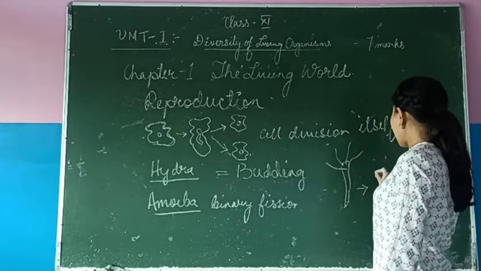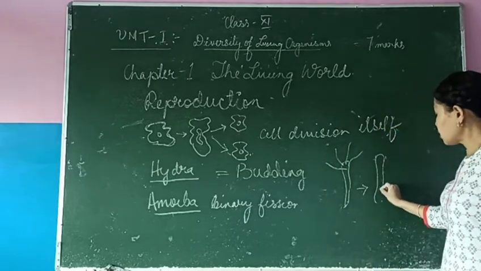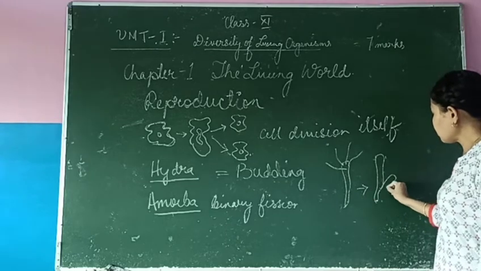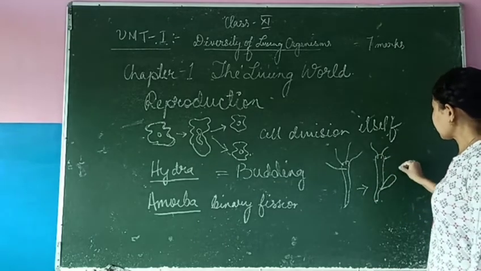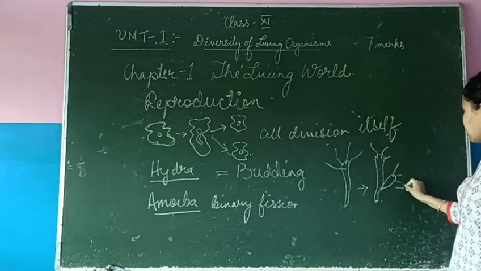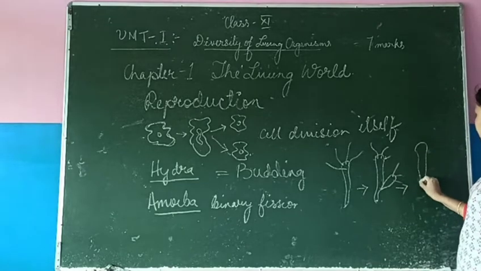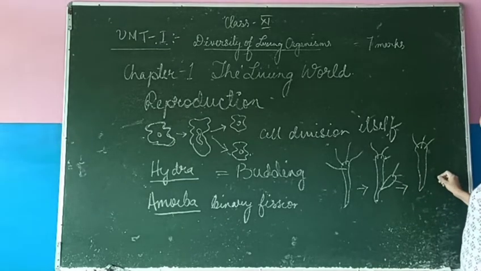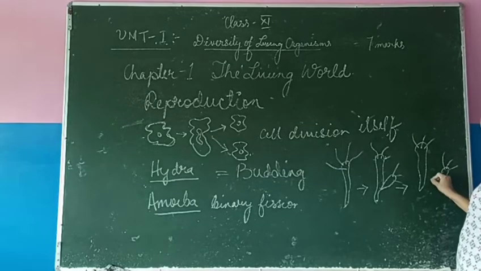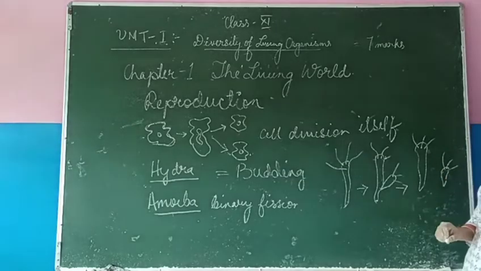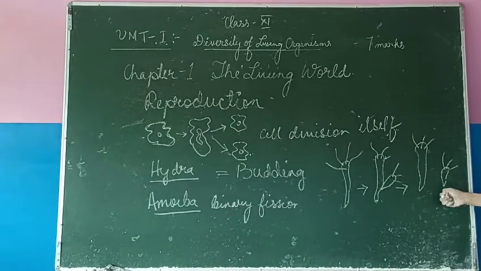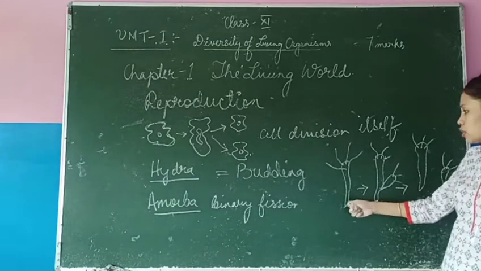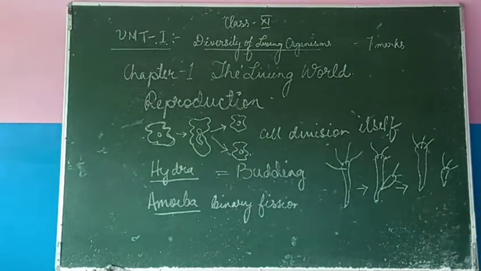So, in Hydra, a bud is formed. And in the next phase, the bud gets detached, and it is able to develop into a single new individual by itself. So this is budding in Hydra.